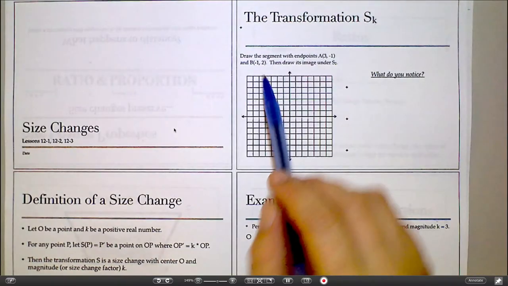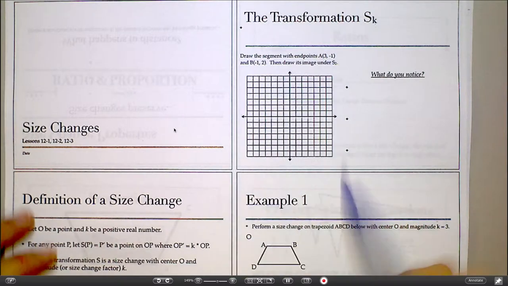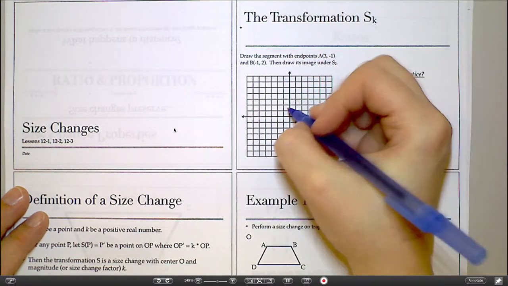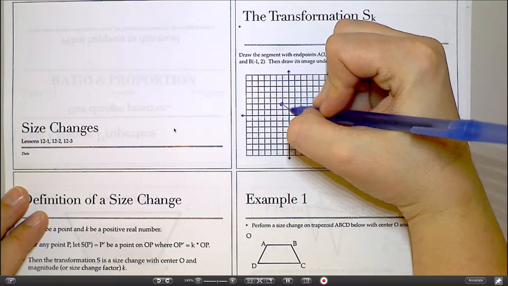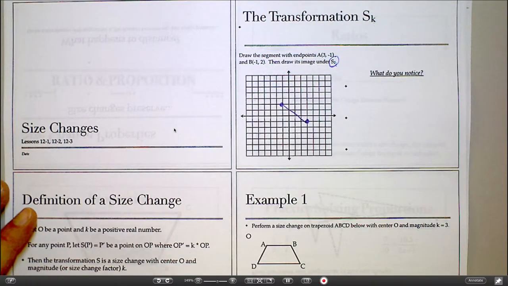In this example, and I know we did this yesterday, it says draw this segment with the endpoints (3, -1) and (-1, 2). And then it says draw the image under S_2. Well, that S_2 means I want to take all of my coordinates and multiply by 2.